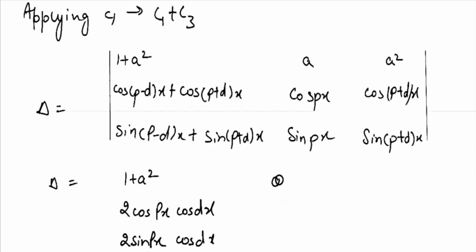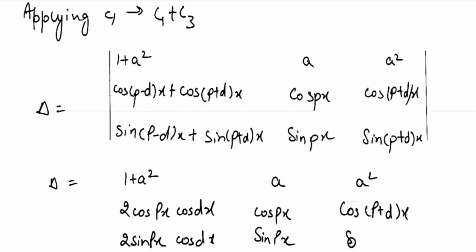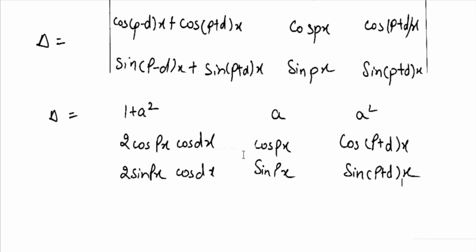This is what we will get. The rest will be the same: cos px, sin px, here a square, cos(p + d)x and sin(p + d)x. This is the determinant we have got after solving.